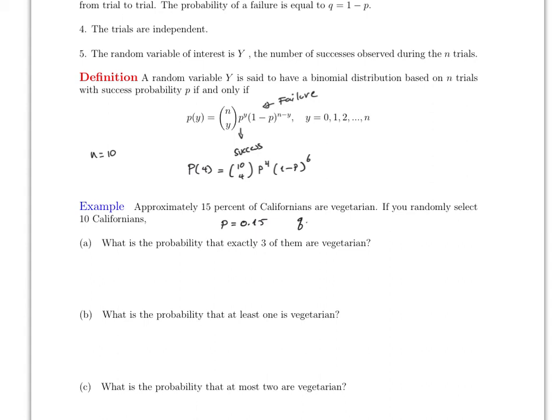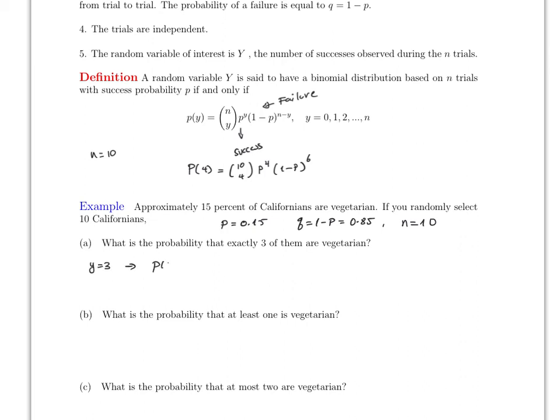Therefore the failure, which is 1 minus p, will be 0.85. Okay. So if you randomly select 10 Californians, so let's say that n is 10, what's the probability that exactly 3 of them are vegetarian? Well, here the value for y is equal to 3.